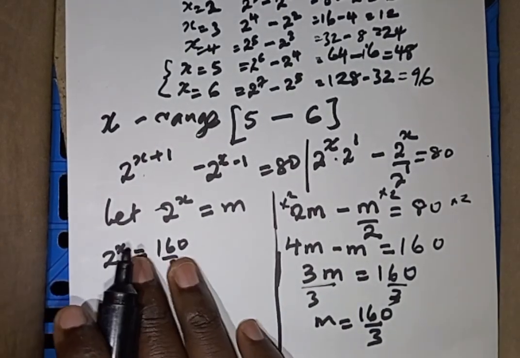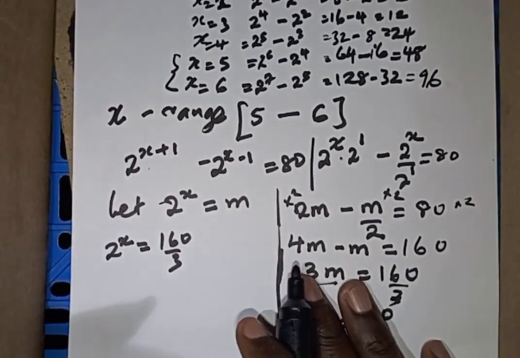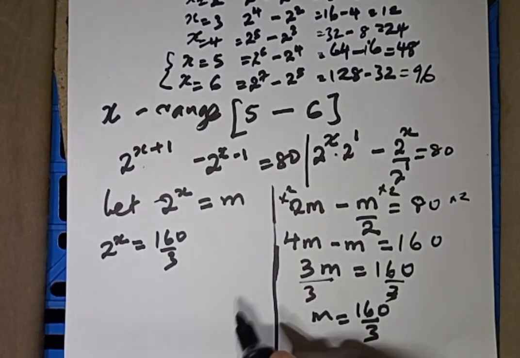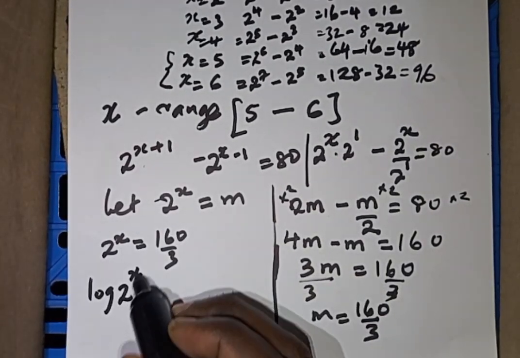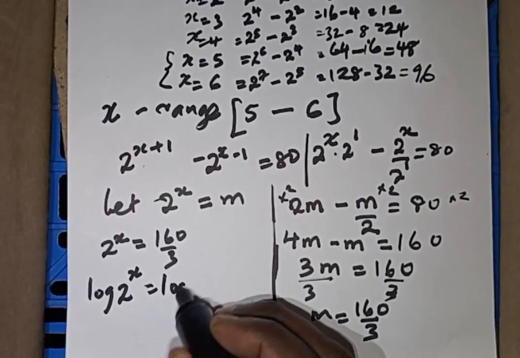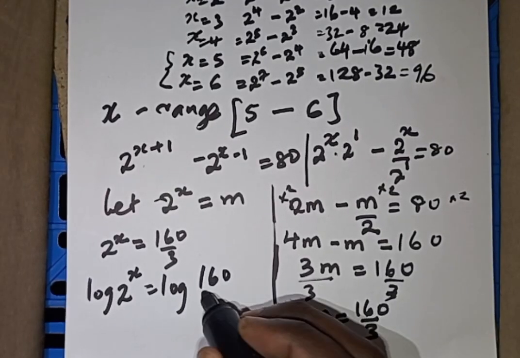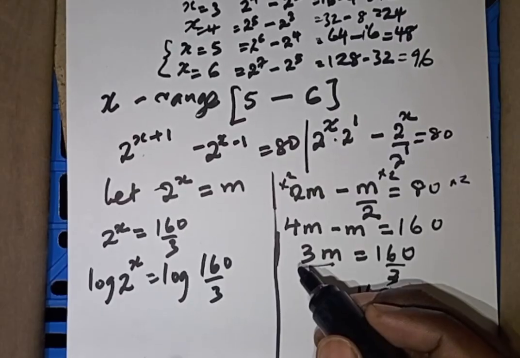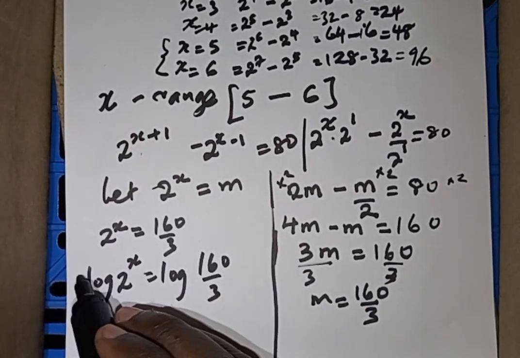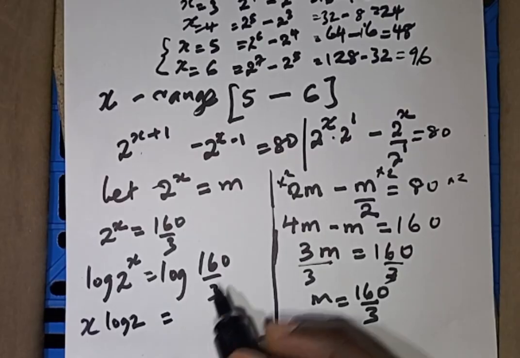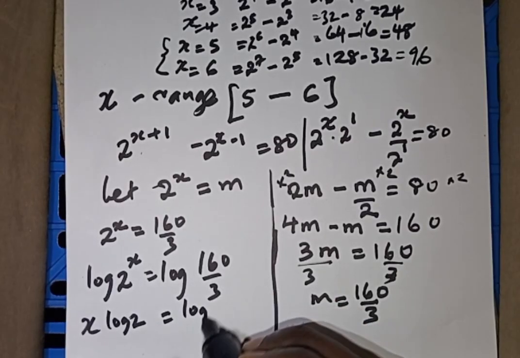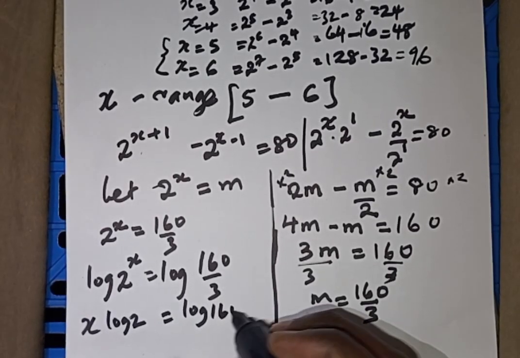At this stage, I'm going to introduce the logarithm on both sides, so that I have the log of 2 to the x equal to the log of 160 divided by 3. x comes down as x times log 2, equal to the log of 160 divided by 3.